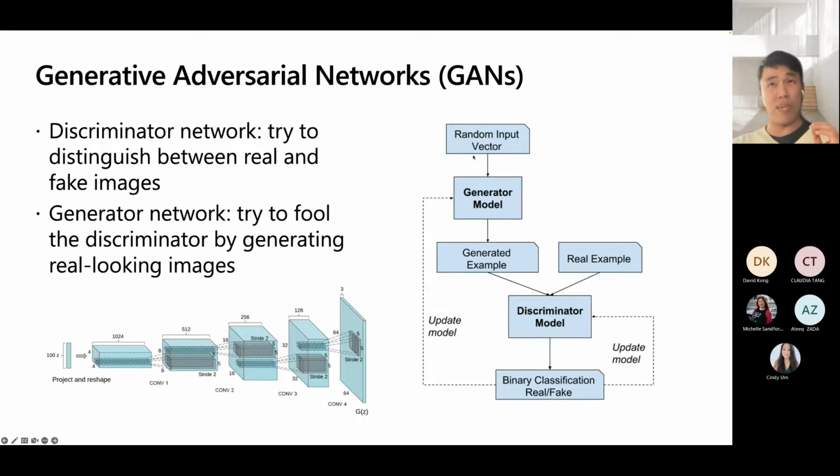And then after we input this vector into the model, it will generate some images. It could be very bad, it could be very nice, we don't know.